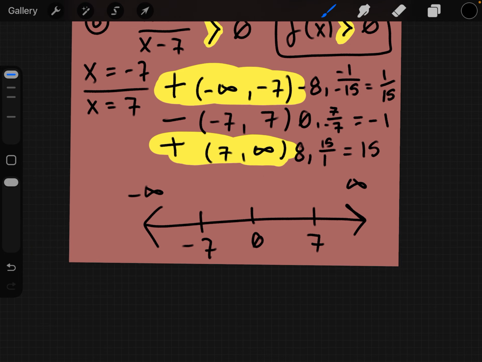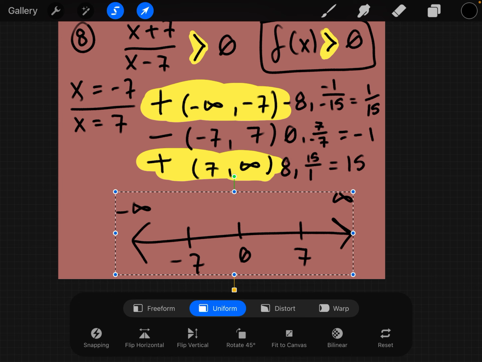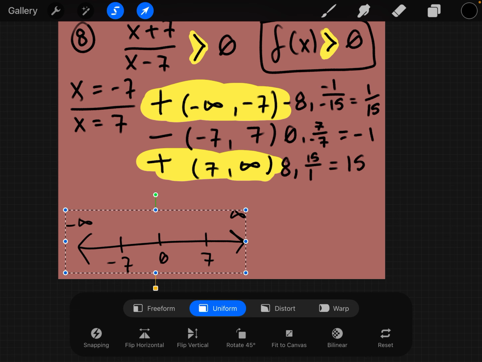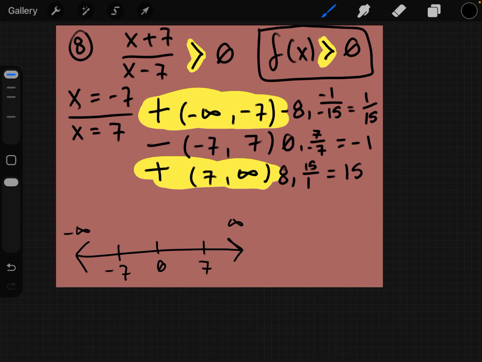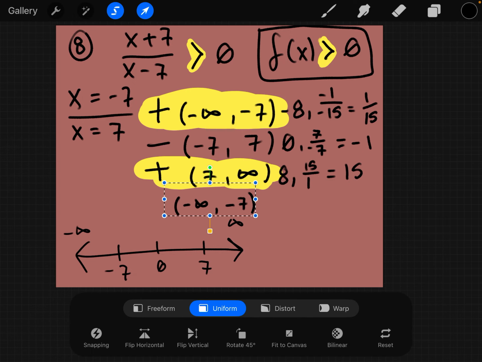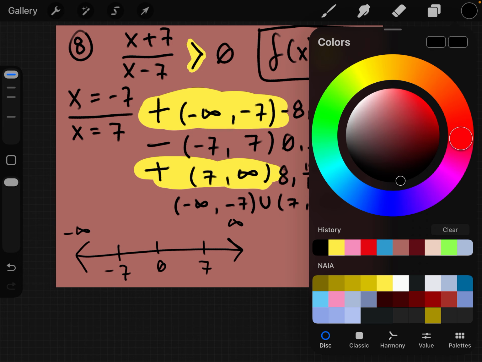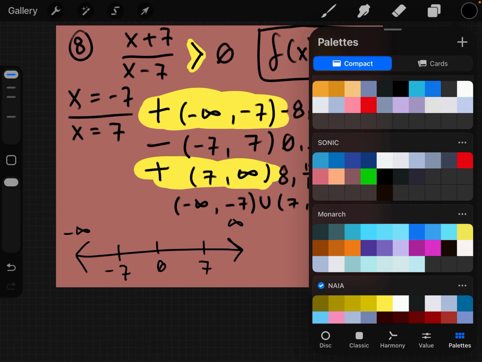Because it's not greater than or equal to, we're going to only do parentheses and exclude all these values. Where's my purple? I've lost it.